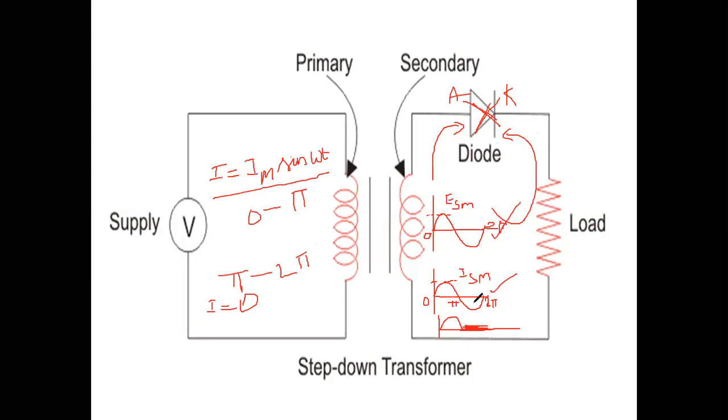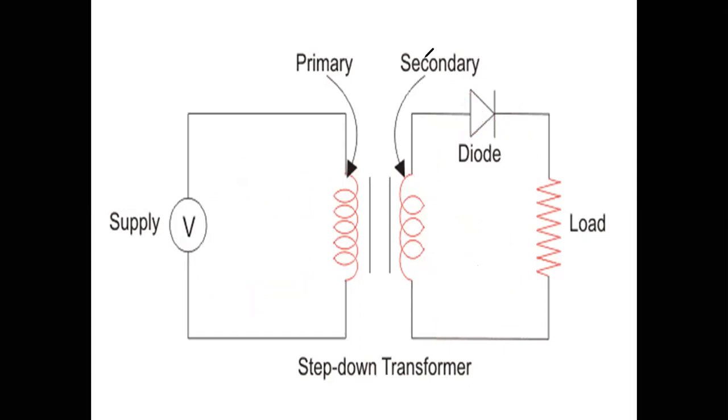Even though current is 0, there is voltage here. Voltage is present at the input side in the negative half cycle also, but during the negative half cycle, current is 0. You have to keep this in mind.